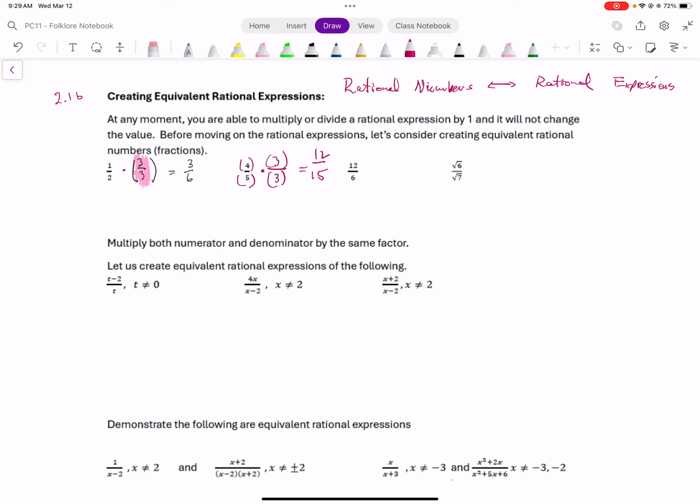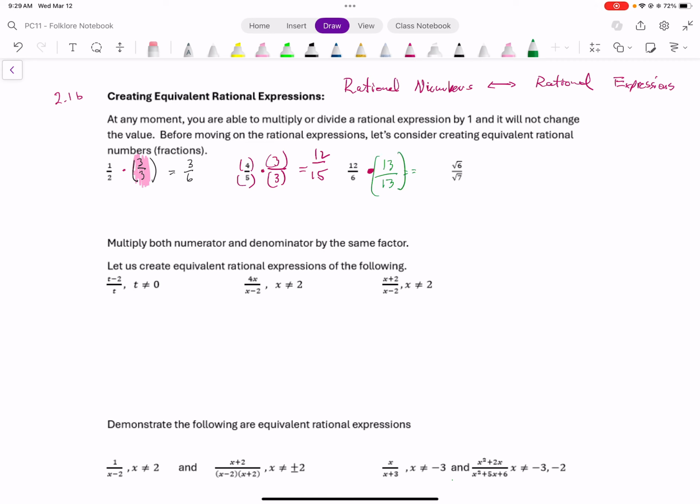Now take 12/6, which is kind of ridiculous. Perhaps I'm going to multiply both top and bottom by 13. Why? I don't know.